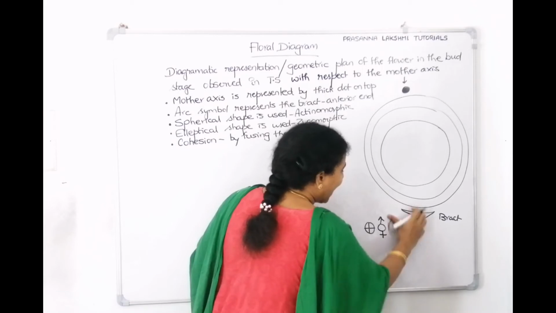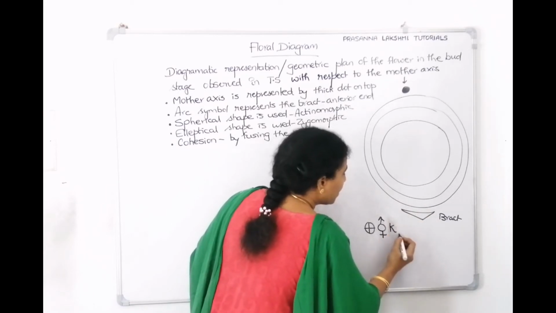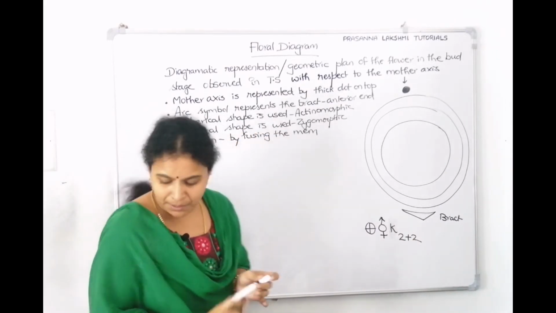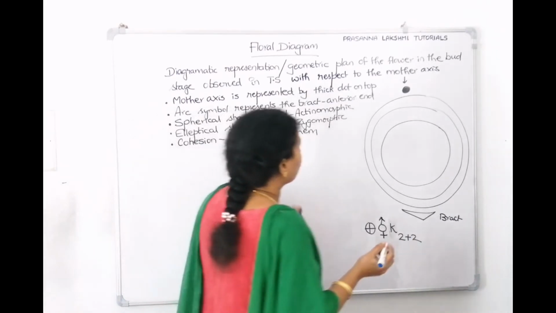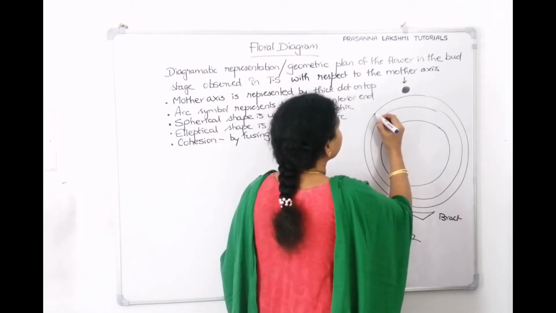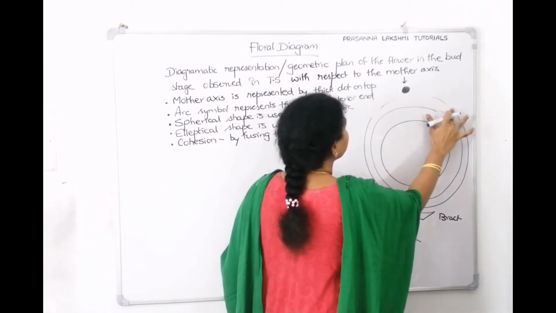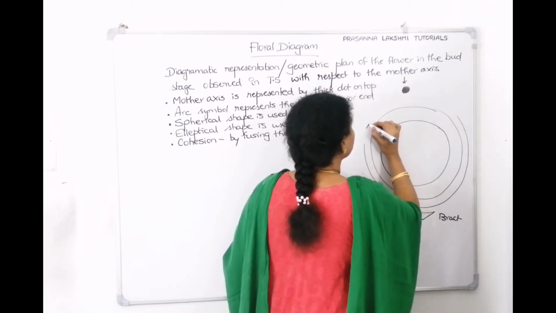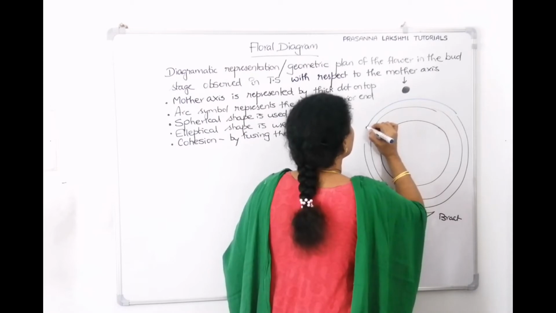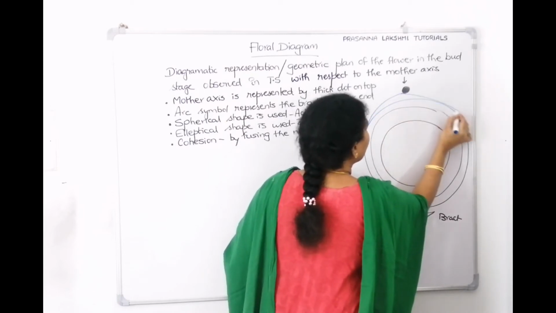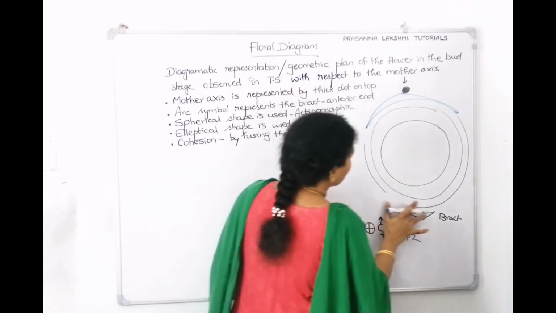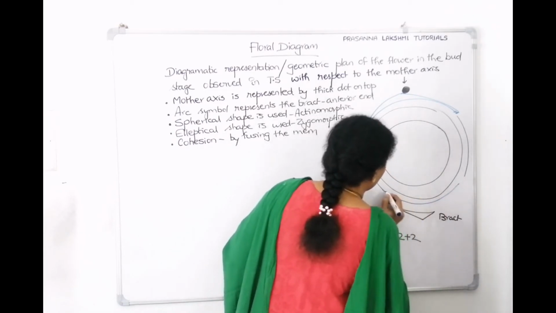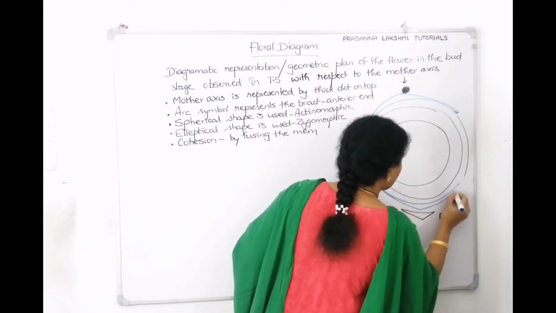Calyx, we are going with K. K, 4 children but in 2 whorls. 2 in one ring and 2 in another ring. So we need to show 2 separate. Usually a triangle shape we use for calyx. So here is one calyx.